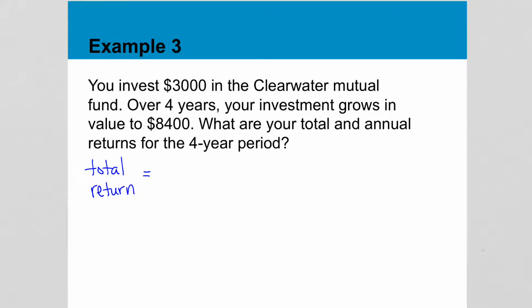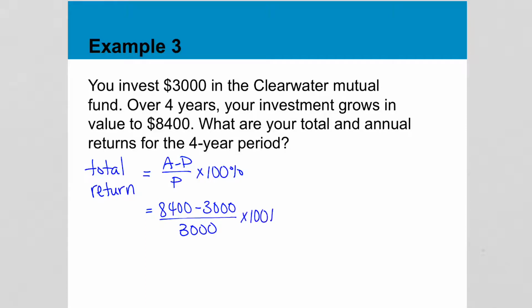The total return, A minus P over P times 100%, is the accumulated amount minus the principal over the principal. That's 180%. That's how much you've gained over 4 years.